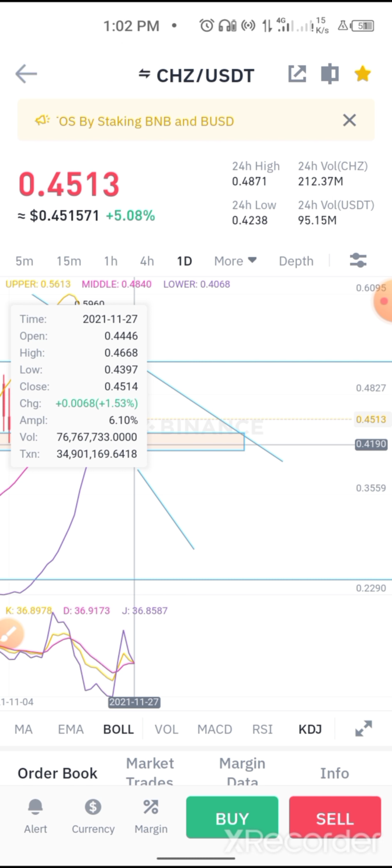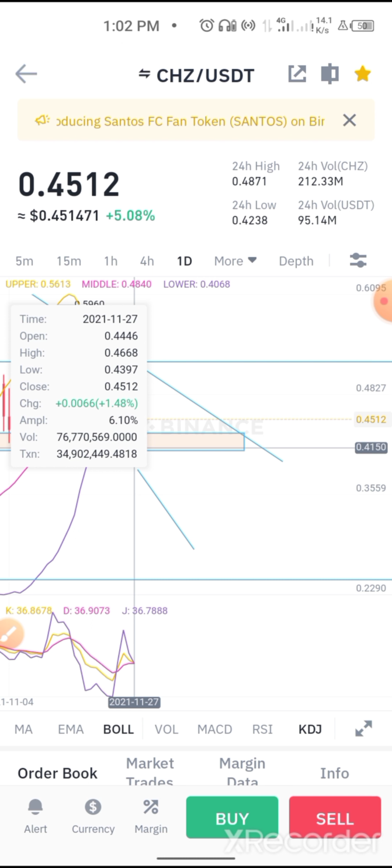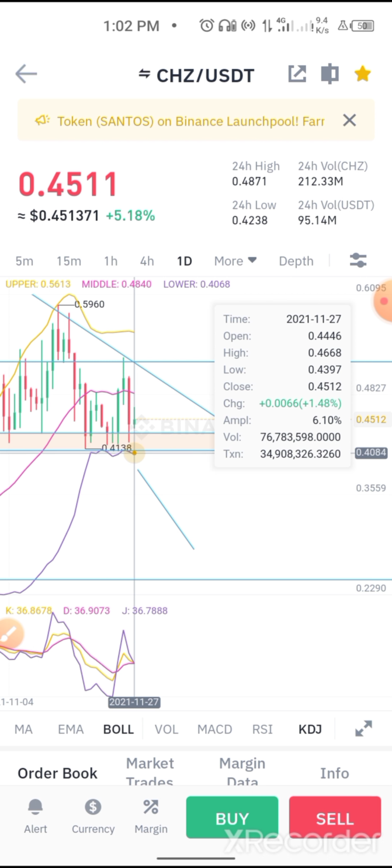Now, when that happens, for you not to miss out, because you might not be online when it happens, you place a stop limit just below the support level. This is 0.4050.